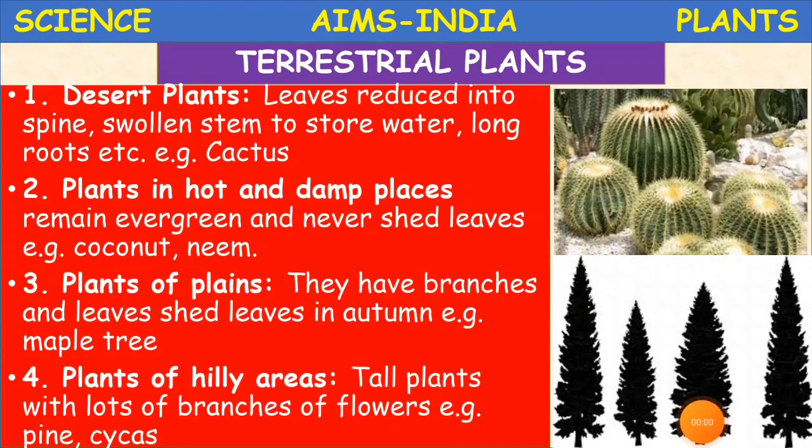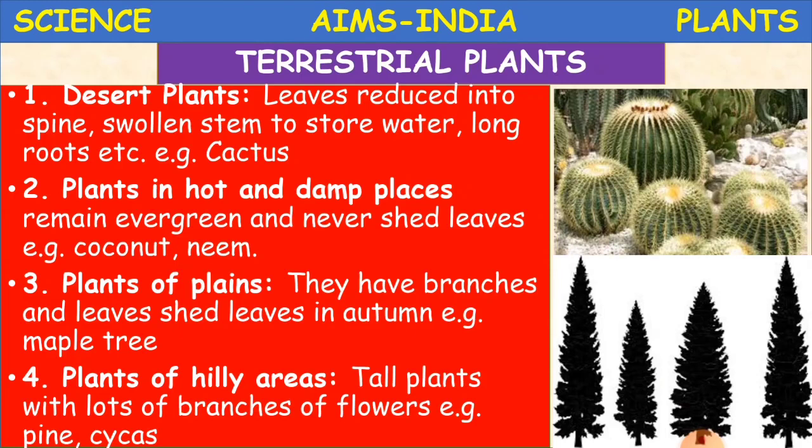Plants of plains. What are plants of plains, children? They live on plain surface areas, that is, flat surface areas of the land. Such areas are called plains. They have many branches and leaves, and they shed leaves in autumn. When does autumn come?